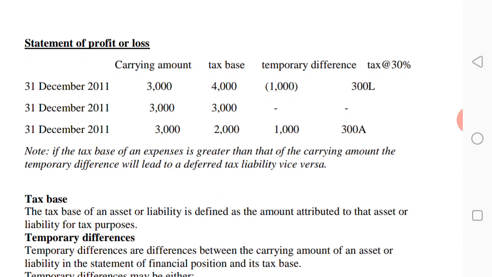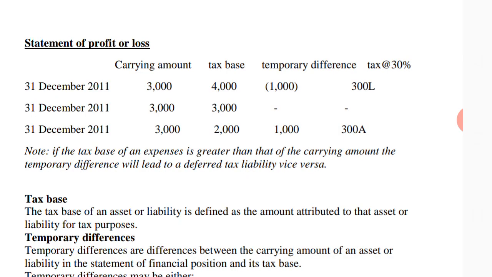Now, the temporary difference here will lead to what? Remember that depreciation is an expense in profit or loss, and how will it warrant a deferred tax liability or deferred tax asset? When the tax base is higher than the carrying amount, it will lead to a deferred tax liability for expenses.